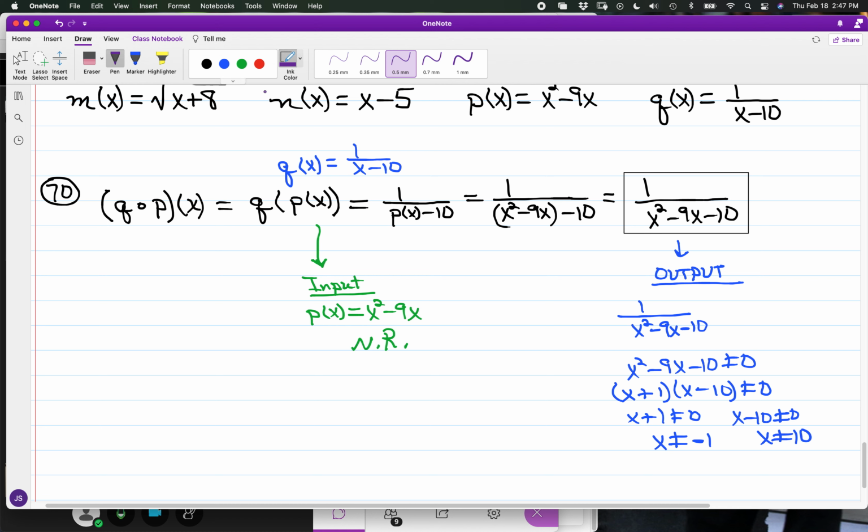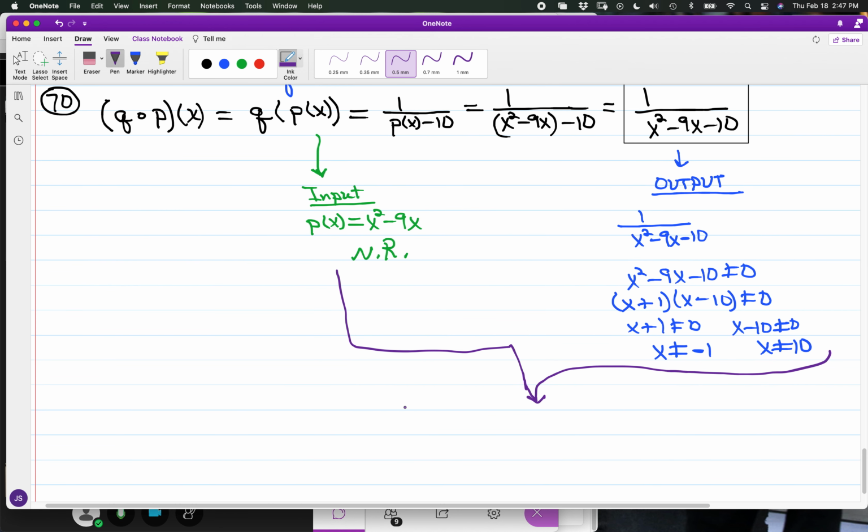So looking at what we have with the input as well as the output, the restrictions in this case will come from the condition in the output. So x cannot be negative 1 or positive 10.